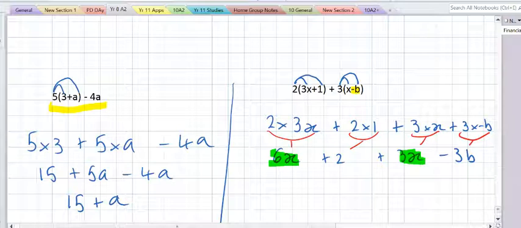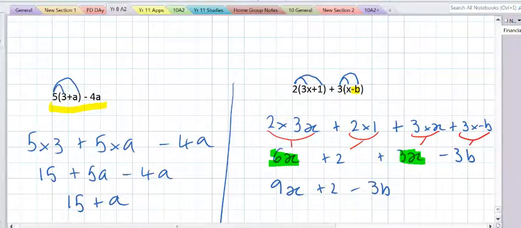You're right, there are 2 3s, but remember it's the variable or the letter that makes things like. So the letter must be the same, and the powers of the letter must be the same. So we've got a 6x and a plus 3x, which gives us positive 9x. Then the others come down, plus 2 minus 3b. Alright. And that is as far as we can go because we don't have any more like terms and there's no more multipliers.